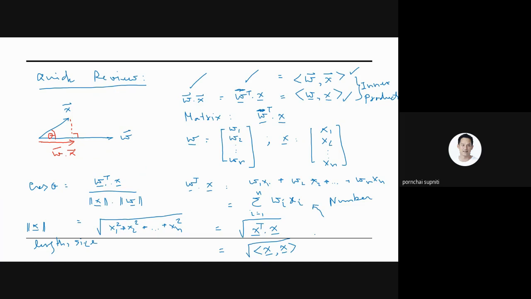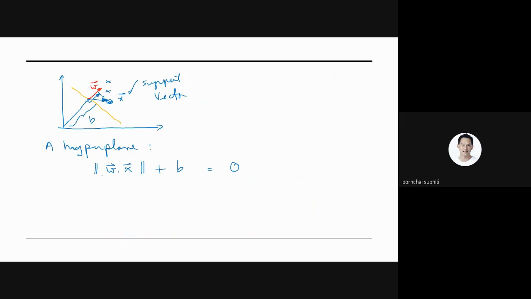So that means if I use this notation here, I can write it as w, x plus b equal to 0. You can use either notation. It doesn't matter.